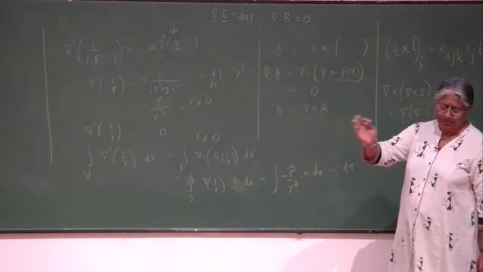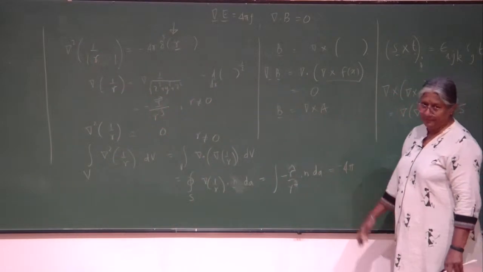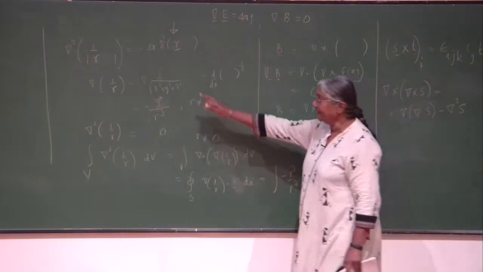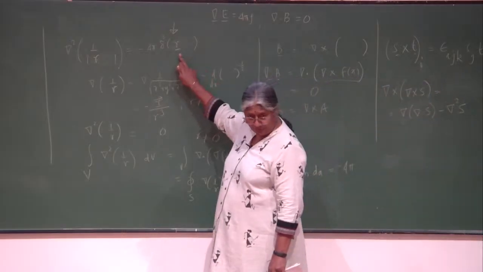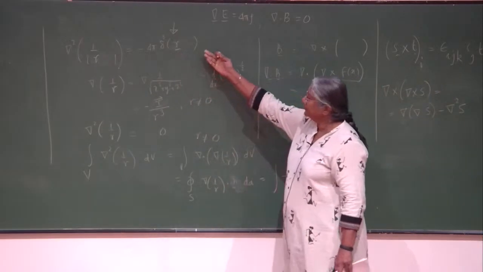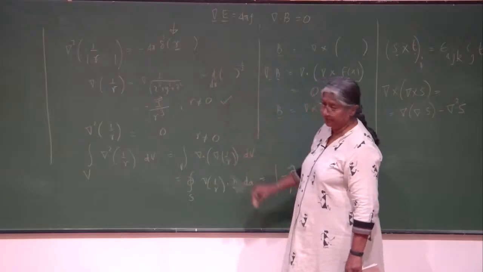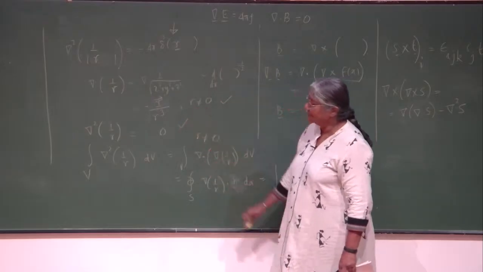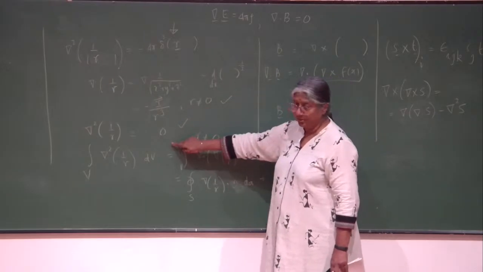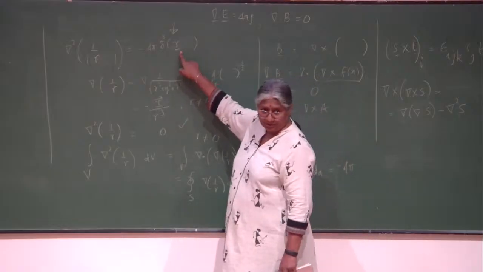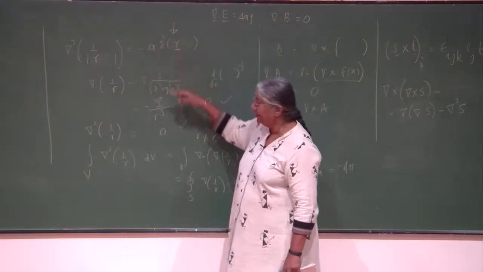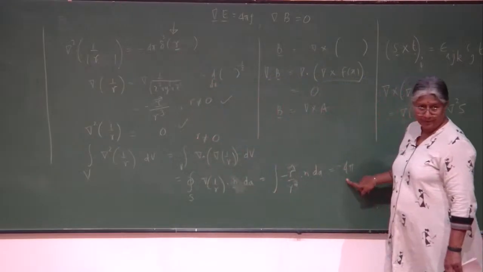You can convert everything to r minus r prime, it will be the same result. So when r is not equal to 0, the answer is 0, which is exactly what we have got over here, right? When r is not equal to 0, the answer is 0. But when r is equal to 0, then this will become 1, and the answer is minus 4 pi.